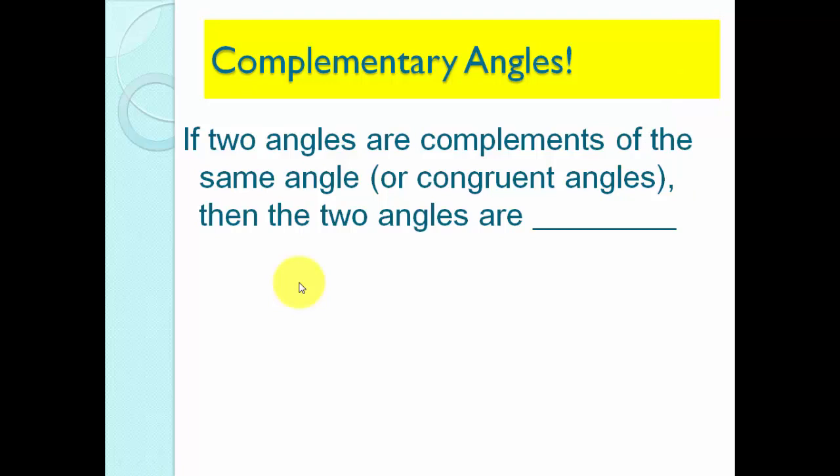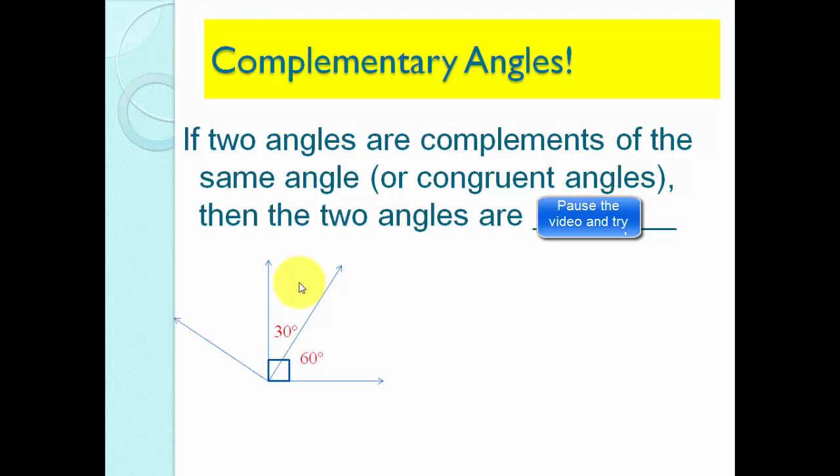Complementary angles. If two angles are complements of the same angle, then the two angles are congruent. So here let's draw another example. Remember, complementary means that they add up to 90 degrees. So here we have a 90-degree angle, and now I have two angles adding up to that 90-degree angle. Let's say the first angle is 30 degrees. That means that the other angle has to be 60 degrees in order for them to be complementary.